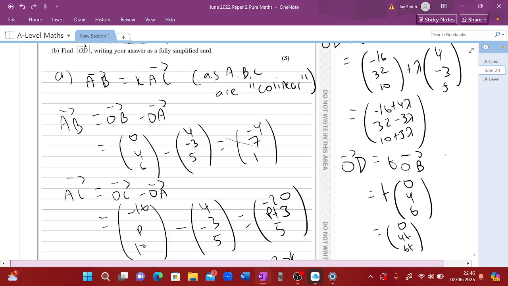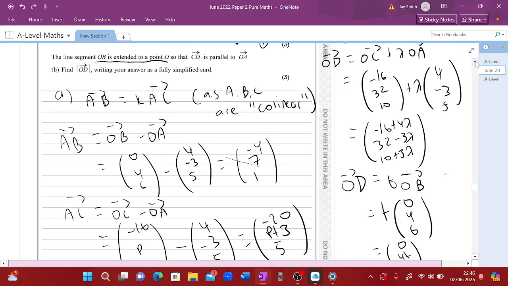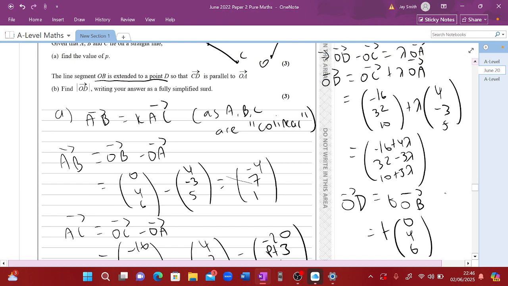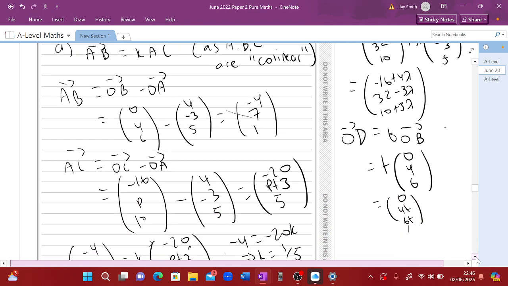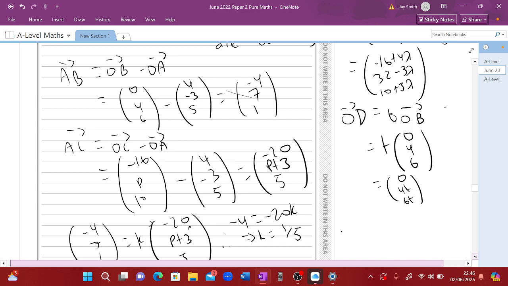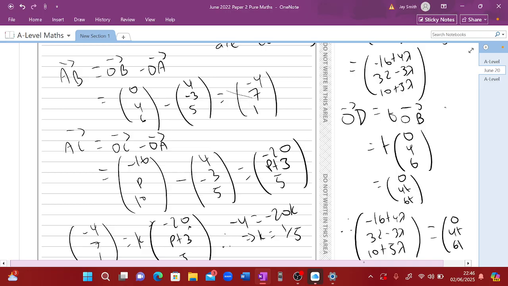Now, those are two ways of getting OD, right? These two must be the same because they're both OD. So I've used the two different conditions they've given us to find two ways of getting OD. The fact D lies on the line OB, and that CD is parallel to OA. Okay. So therefore, the first vector, minus 16 add 4 lambda, 32 minus 3 lambda, 10 add 5 lambda, has to be 0, 4t, and 6t.